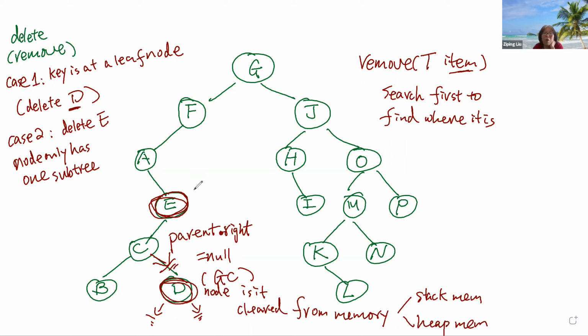How do I remove it? This is the node you're going to delete. The node just has a left tree. So in this case, it only has a left subtree. How do I do the delete?